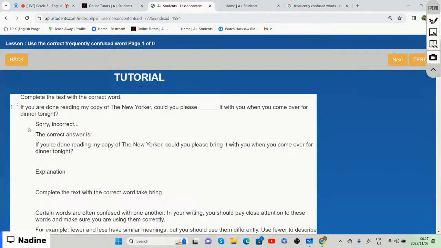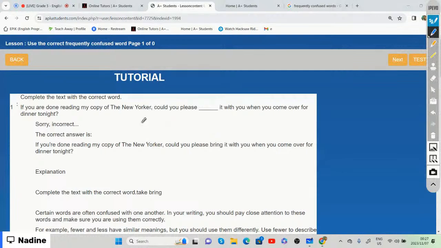So you're going to have to choose between them. Do we say take it with you or do we say bring it with you? If you're done reading the copy of the New Yorker, could you please take it with you when you come over for dinner tonight, or bring it with you when you come over for dinner tonight?